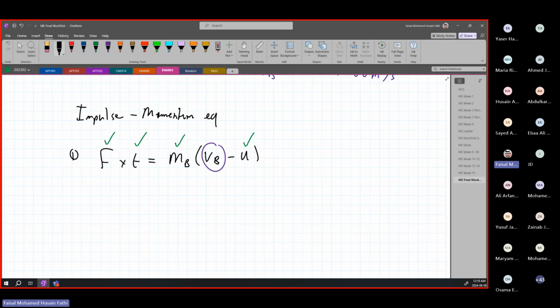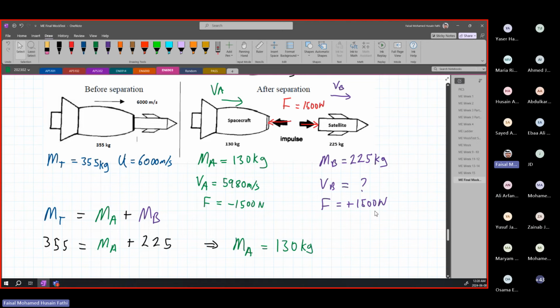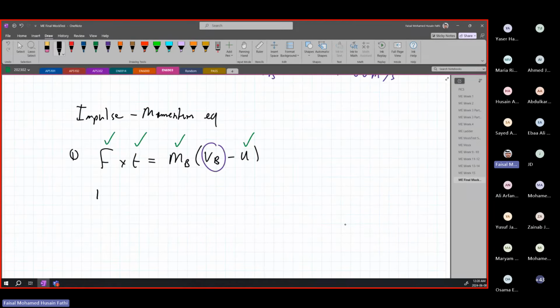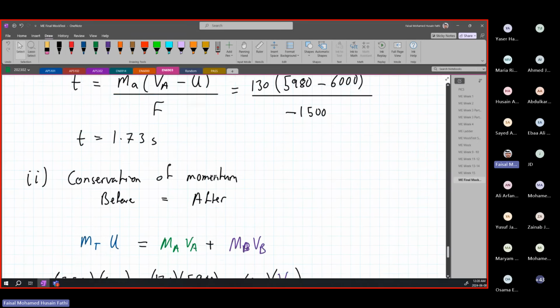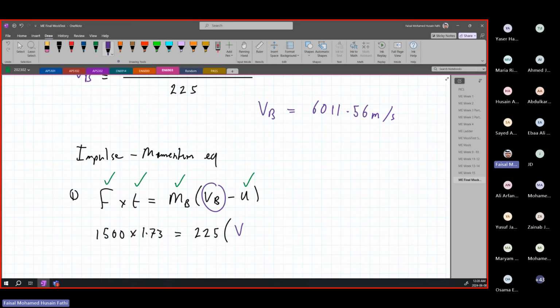So if we just plug in all these values, our force now, remember, we are looking at it for the VB system. Our force now is a positive 1,500. So we have 1500 times time, the time that we have calculated from our previous question, which is 1.73, is equal to the mass of B, which is 225, times VB, which is what we are trying to find, minus initial velocity of 6,000. All right.